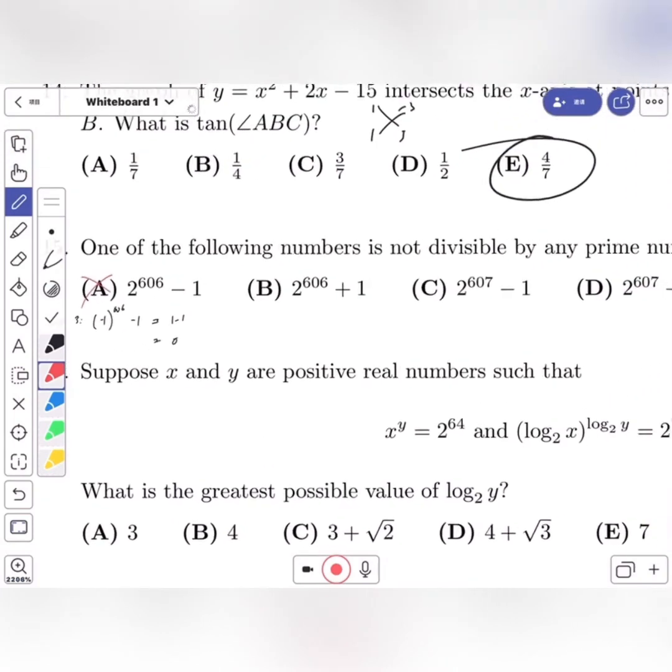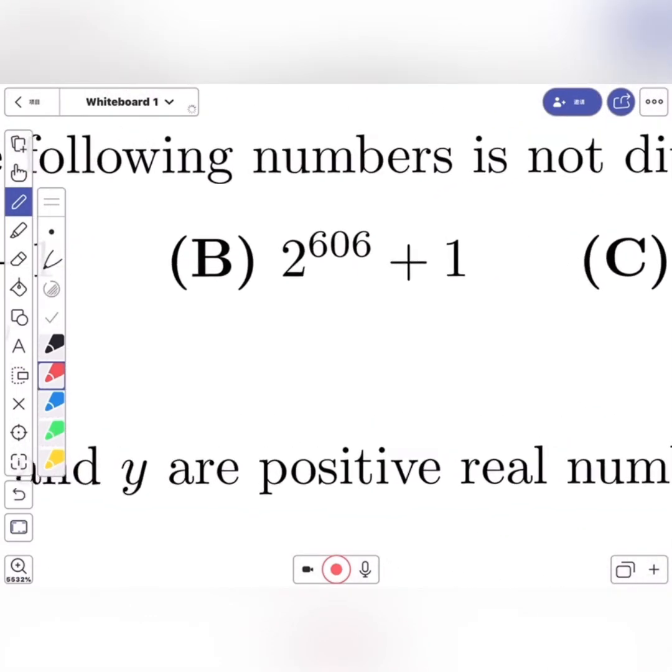Now let's go on to B. 2 to the 606 plus 1. What can 2 to the 606 plus 1 be divisible by? Well, 2 to the 606 can be written as 4 to the 303, plus 1.